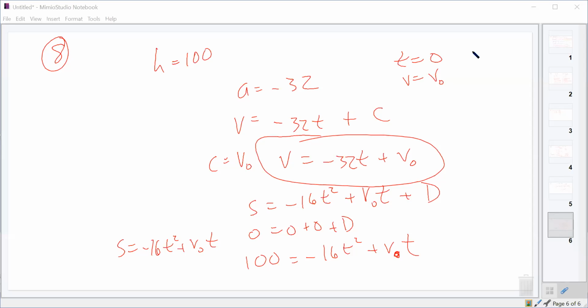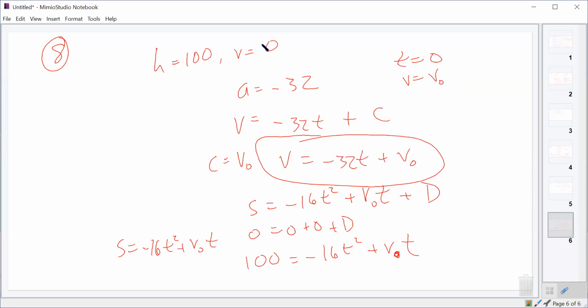What is the other piece of information we have? We have that it's hitting this height of 100. What do we know about it when its height is 100? If height equals 100, velocity is 0. Does that help us at all?